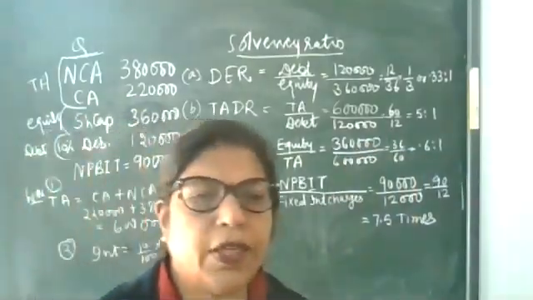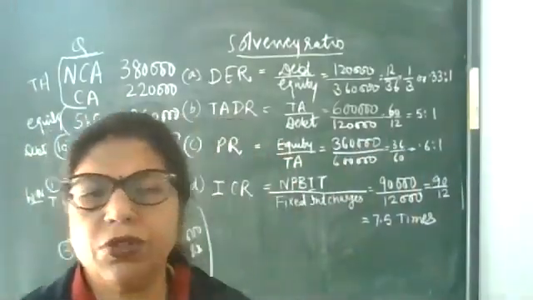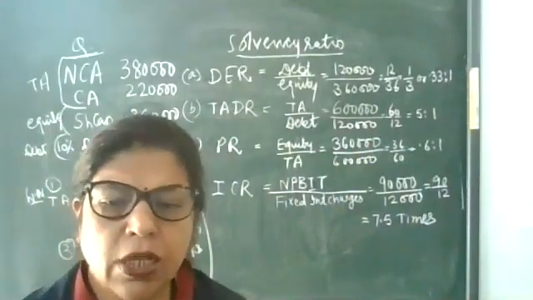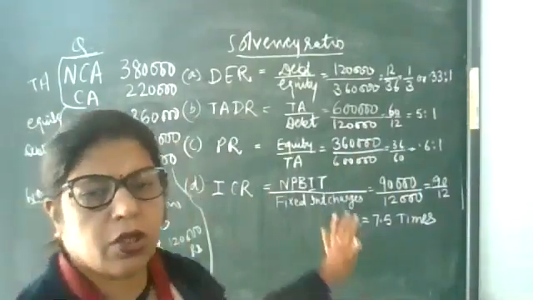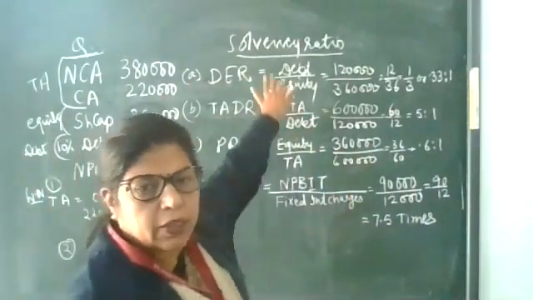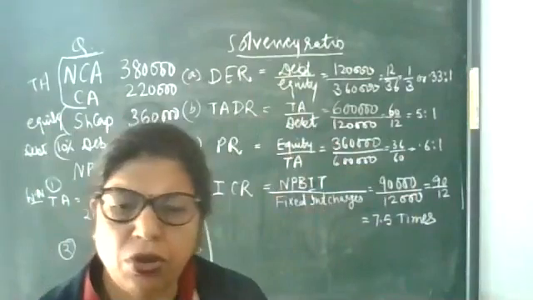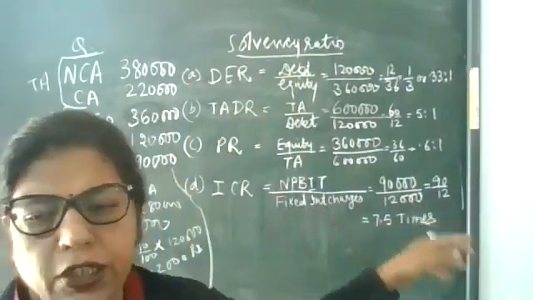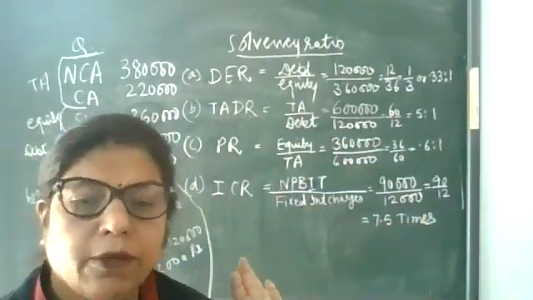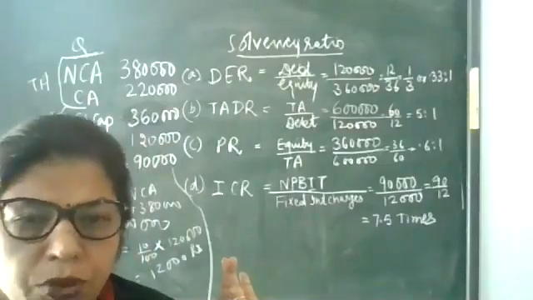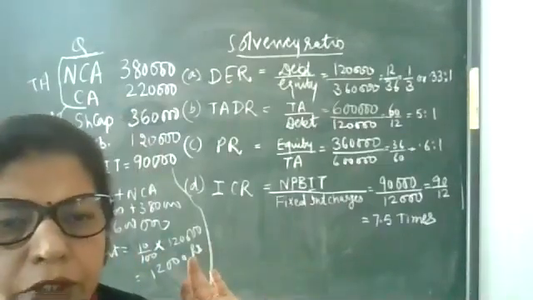Those answers we gave in the previous videos, you can see in times. But here in solvency ratios, the other three ratios are in is to, and interest coverage ratio will be in times. This is the rule.